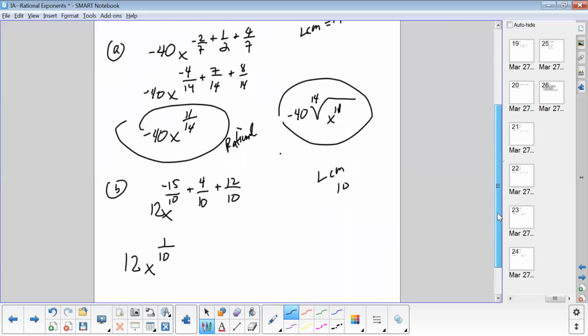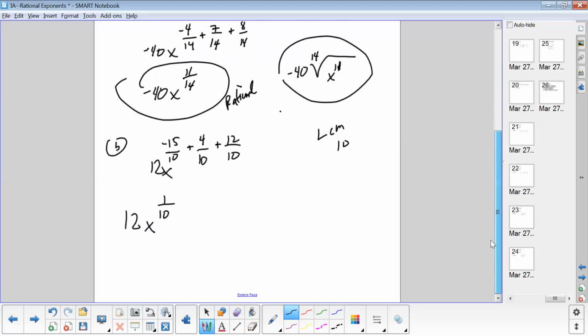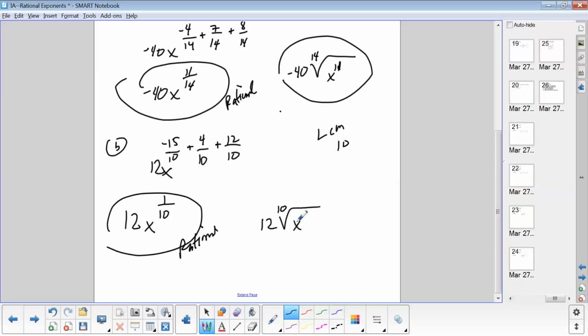Here's our rational form. And the radical form is 12 times the 10th root of x to the first power.